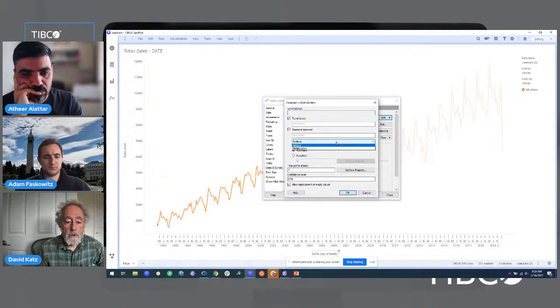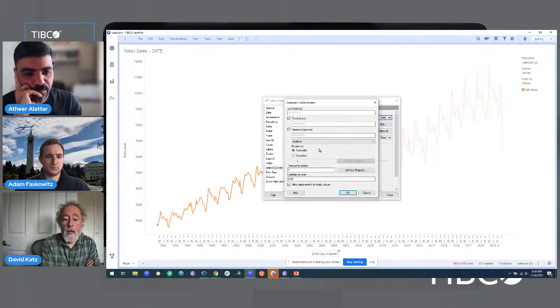It also lets you choose simply between additive and multiplicative models, which just means that those recursive equations, instead of adding up these different components, you multiply them.